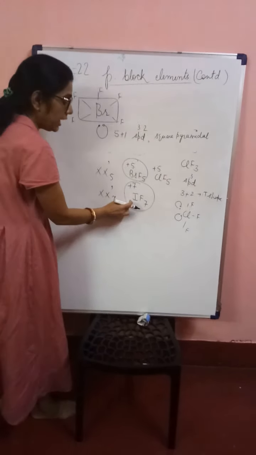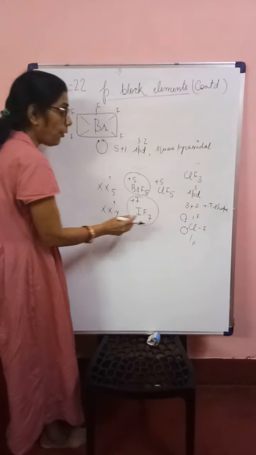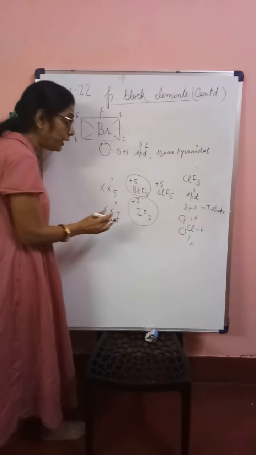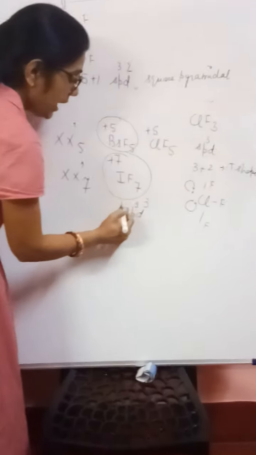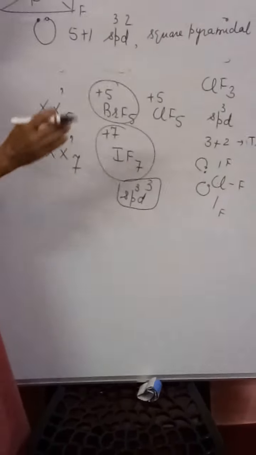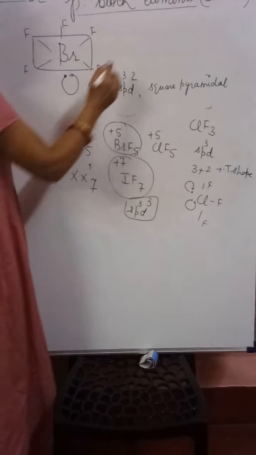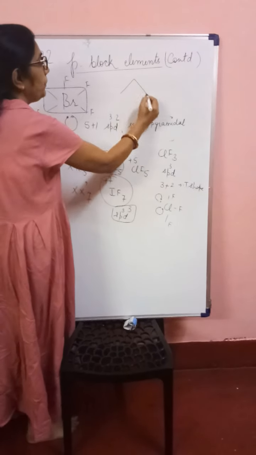And finally IF7. Out of 7 electrons, all 7 are used for bonding. So the hybridization is sp3d3, and sp3d3 without any lone pair will be pentagonal bipyramidal.